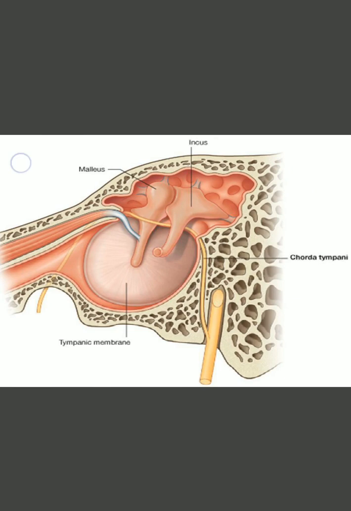So you can see here, this is the tympanic membrane and the portion of the middle ear cavity that lies above the tympanic membrane is referred to as the epitympanic recess. So the head lies in the epitympanic recess and two ligaments are attached to the head, that is the lateral ligament and the superior ligament.